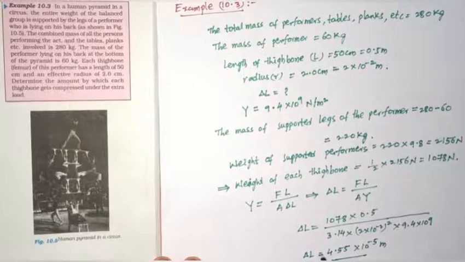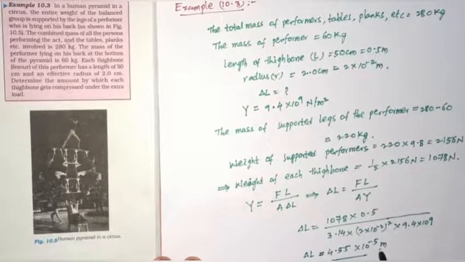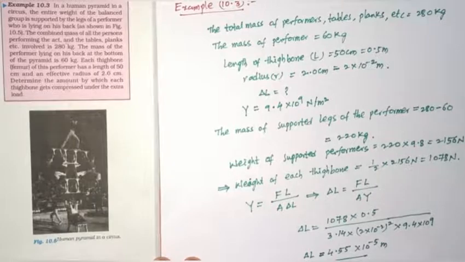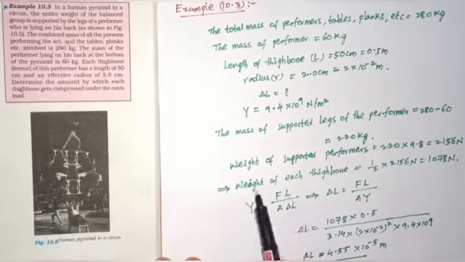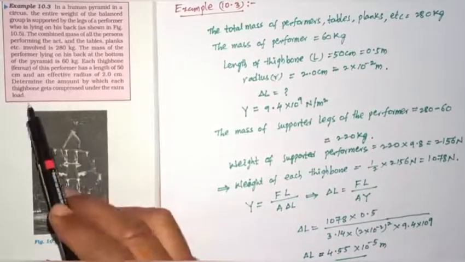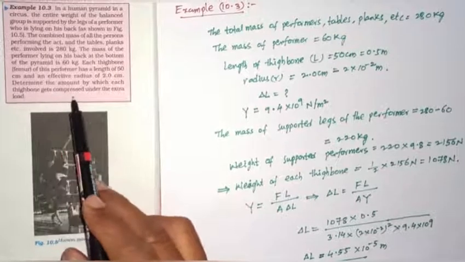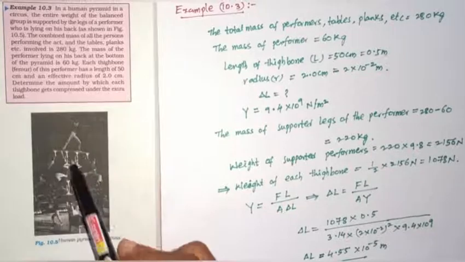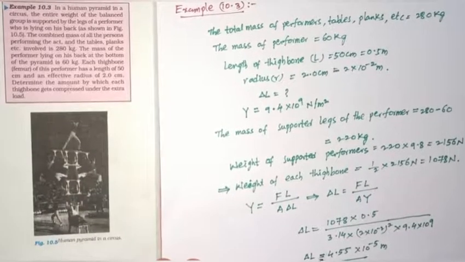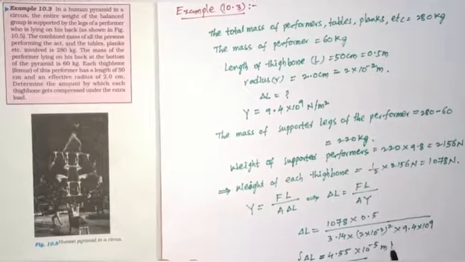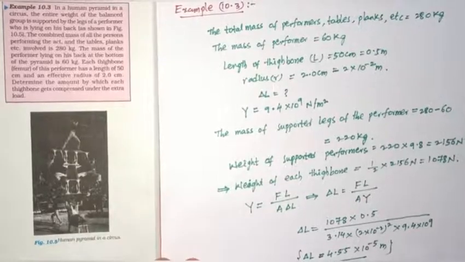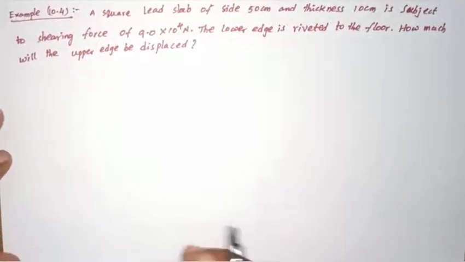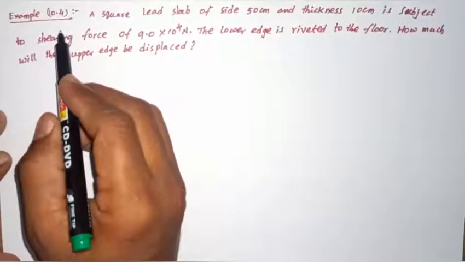This is a compression. When the thigh bone is compressed under this extra load, there is only a very small change in length. Okay, next, example number 10.4.